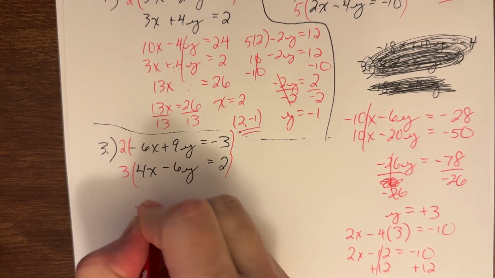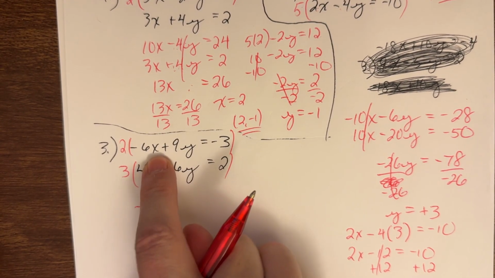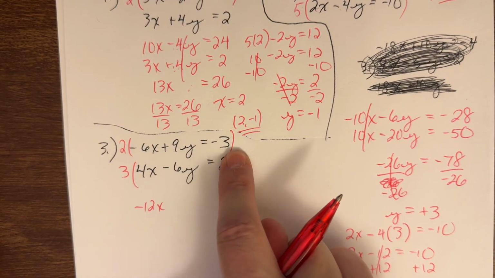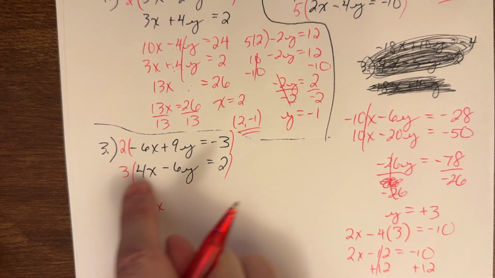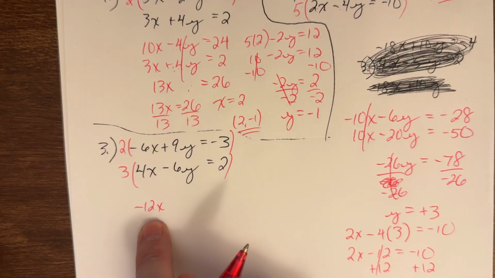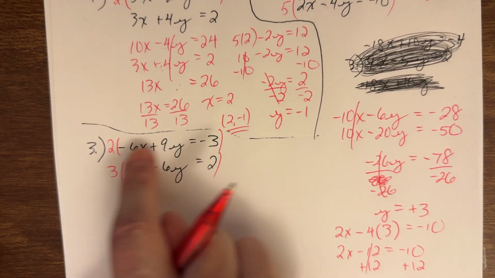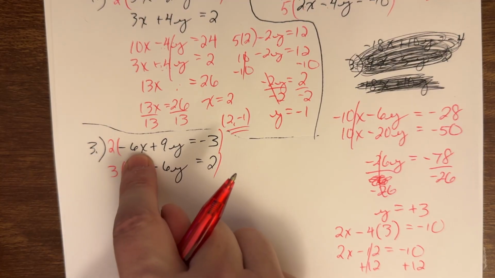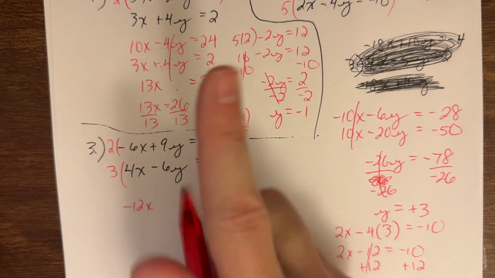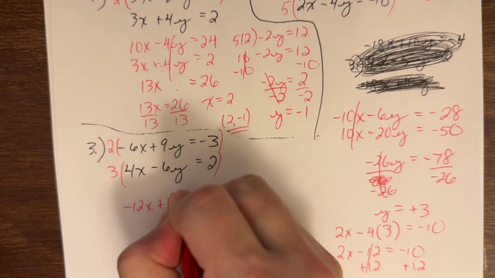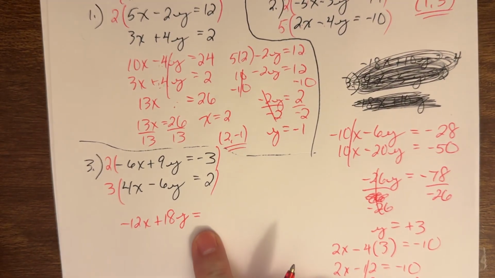I get a minus 12x from the top line. I still have to keep going. But notice going ahead, I will have a positive 12x, and that will eliminate my x's. So keep going up here. The 2 times negative 6x, negative 12x, 2 times positive 9y equals positive 18y. Such an easy goof.